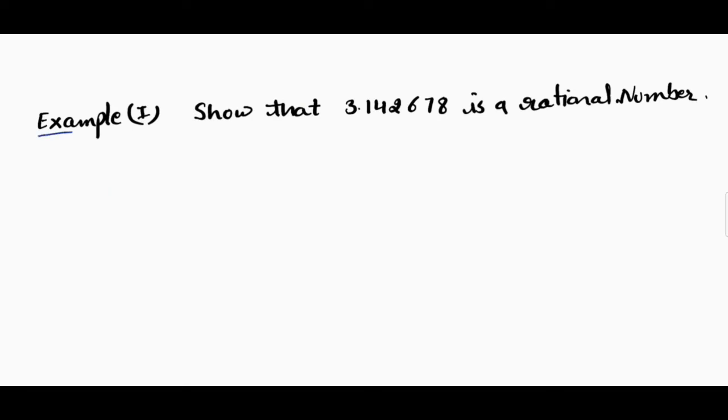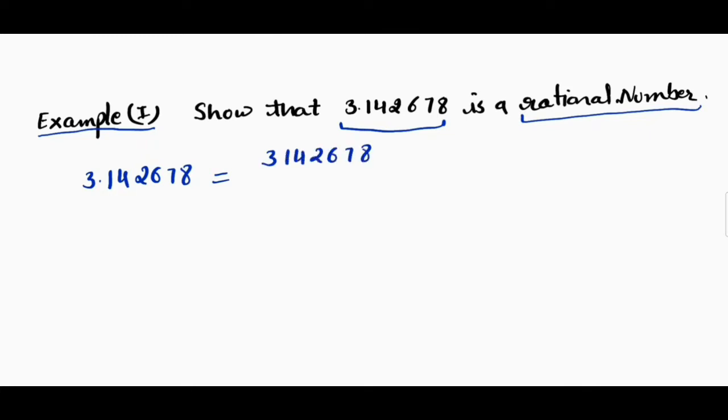First example: show that this decimal number 3.142678 is a rational number. See, this number is a terminating decimal. So we know what rational numbers are: numbers which we can write in the form of P and Q where Q is not equal to 0. So see here, this 3.142678, I can write this number as 3142678 divided by 6 zeros, correct?